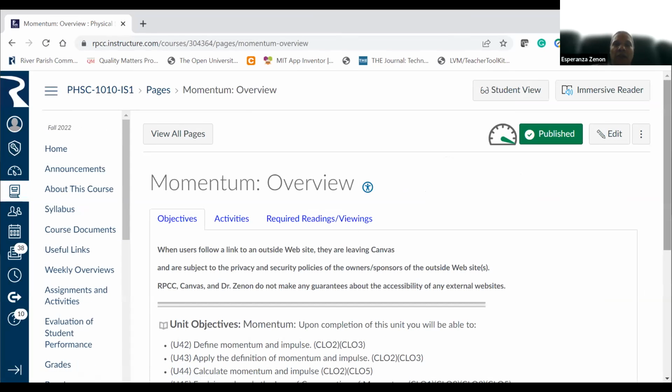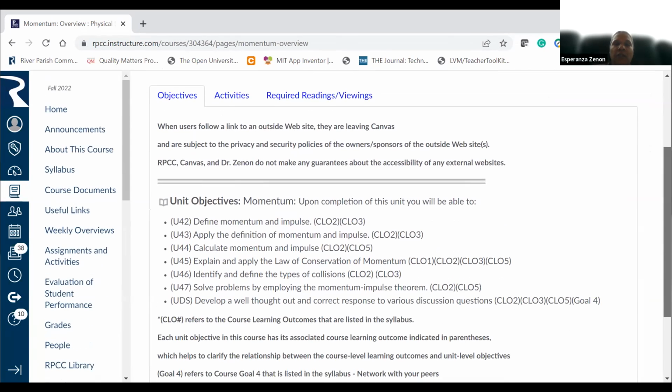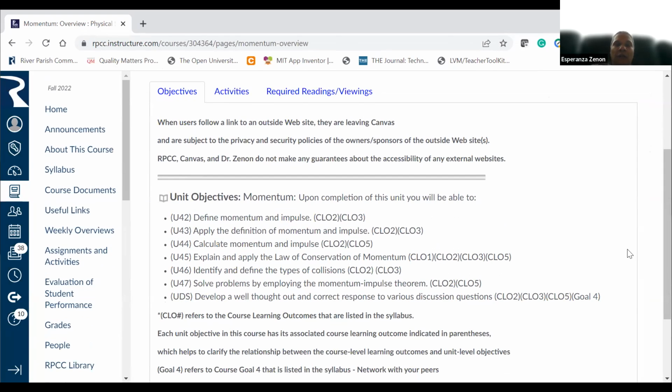All right, as you can see from the objectives, we're going to be focusing on things like what is momentum. We'll look at its counterpart, impulse, and we'll see some examples of calculating momentum and impulse. In fact, I'll be using the extra notes to look at some examples of calculations involving momentum and impulse.